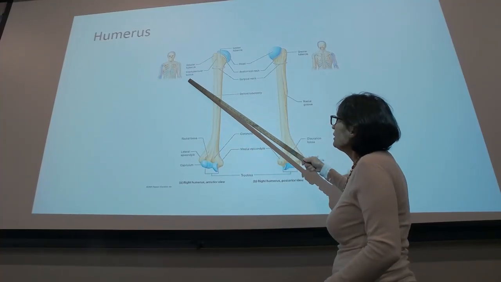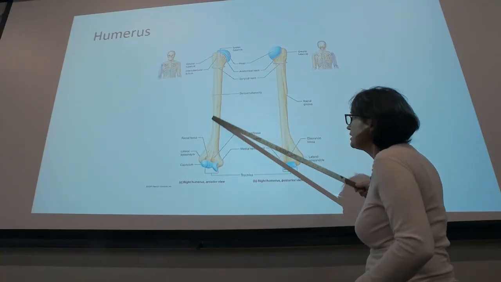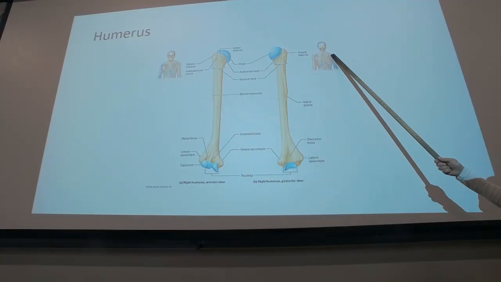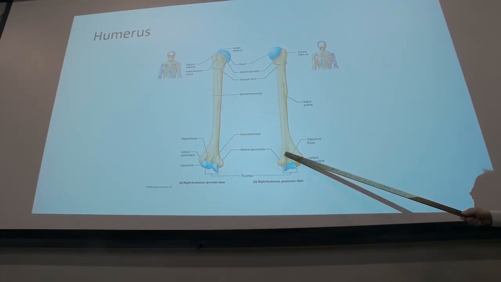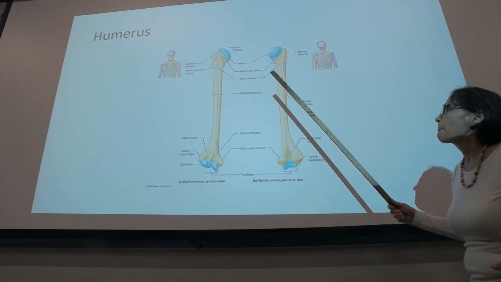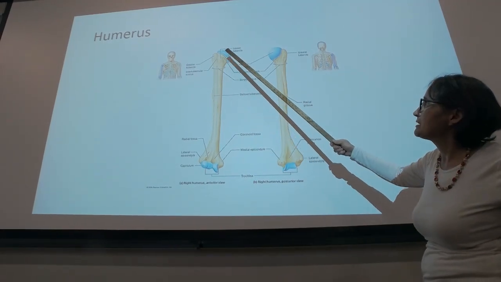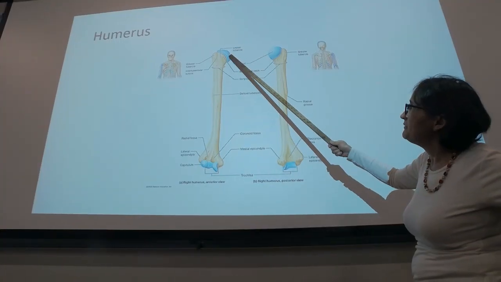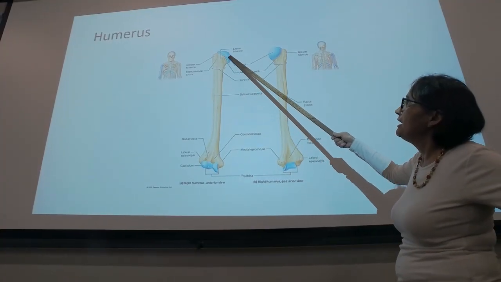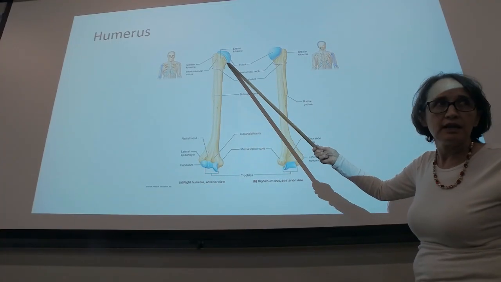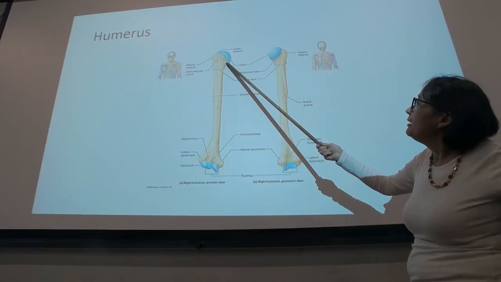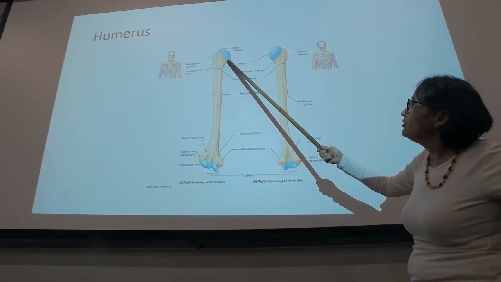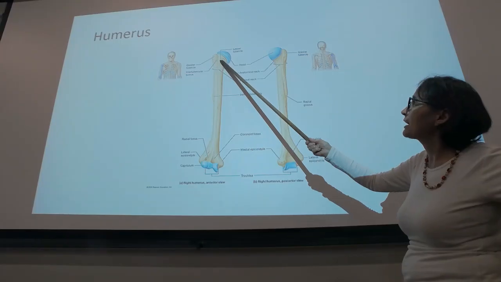You are looking here at the anterior view, and this will be the posterior view. It has two epiphyses, proximal and distal. In the proximal epiphysis, something that you can see is this rounded projection. This is the head. Below the head, you have this anatomical neck.